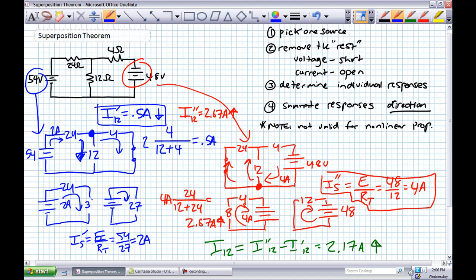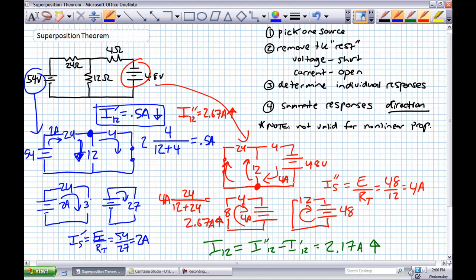Okay, whoops, sorry, I made a mistake here. I could not use those two currents to determine the power. I can, however, use this current to determine the power. Okay, because that is the current through that 12 ohm resistor. It is 2.17 amps going up.